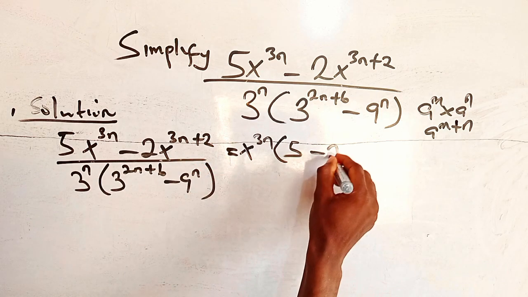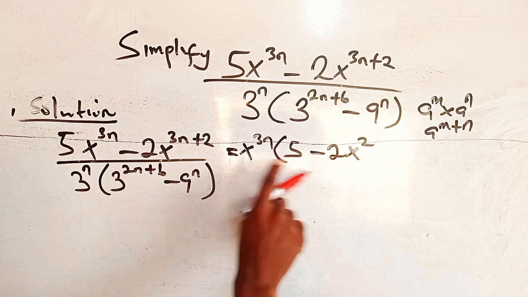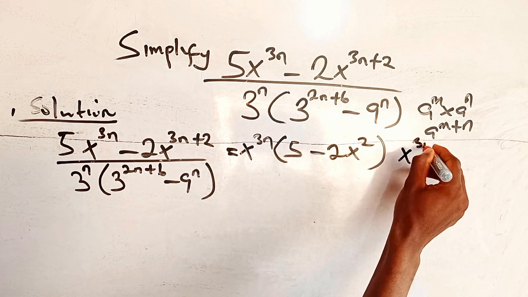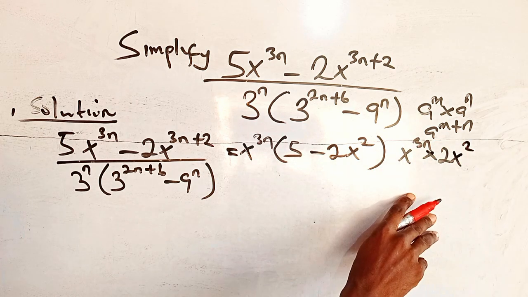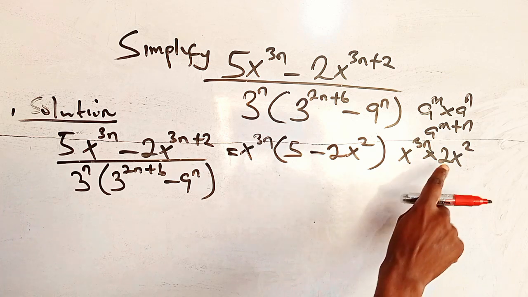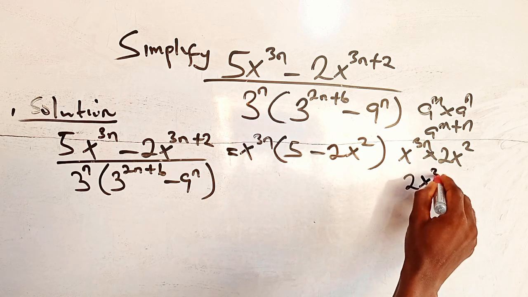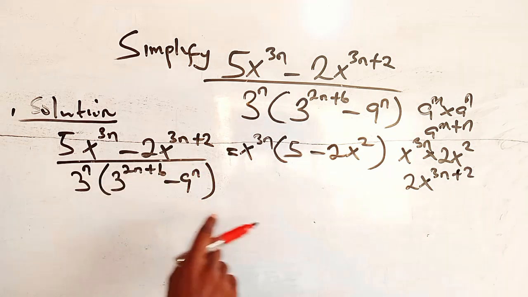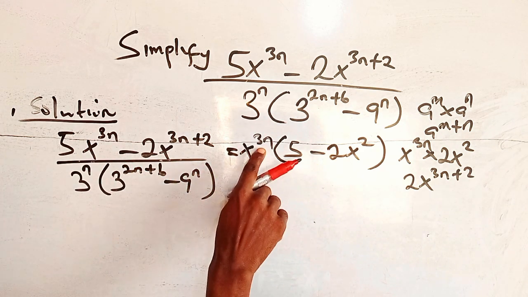We say x squared. So x raised to power 3n times 2 times x squared gives 2x raised to power 3n plus 2. So we have worked with the numerator by factoring it out with x raised to power 3n.